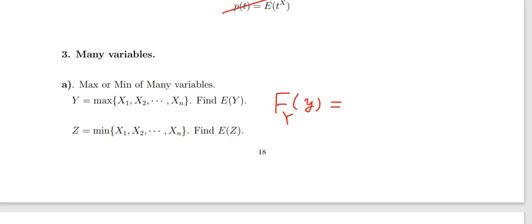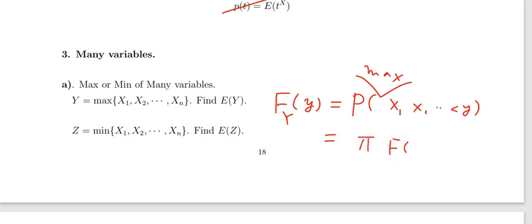This is the probability that the maximum is less than y. Maximum less than y means each one should be less than y. So this equals each xi less than y. Okay, yeah.